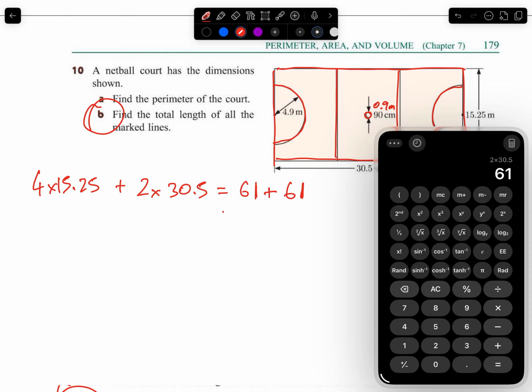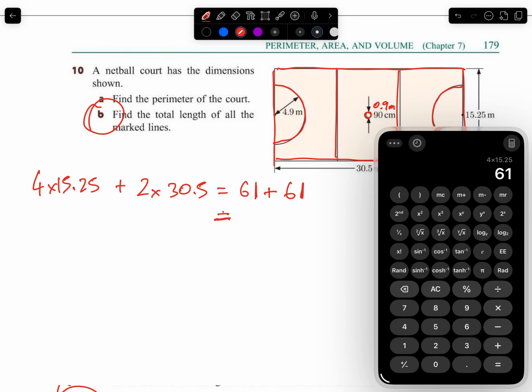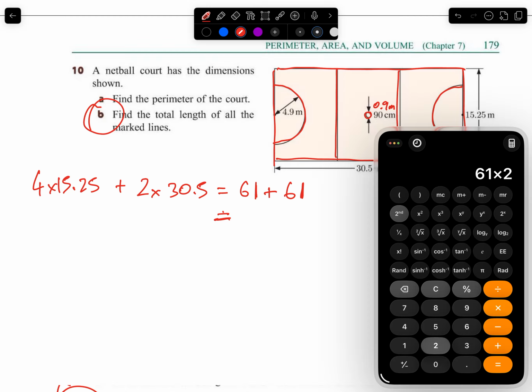Wow, that's convenient. 4 times 15.25, just double checking. Yeah, that's right. So 61 plus 61 is 122. That's the straight lines.